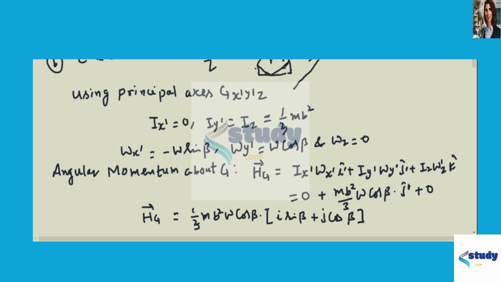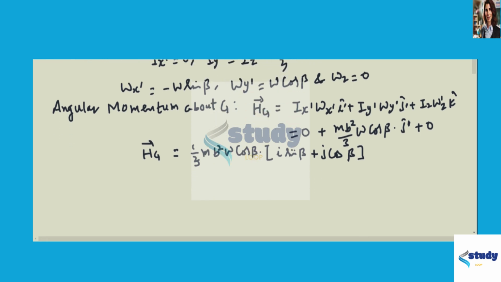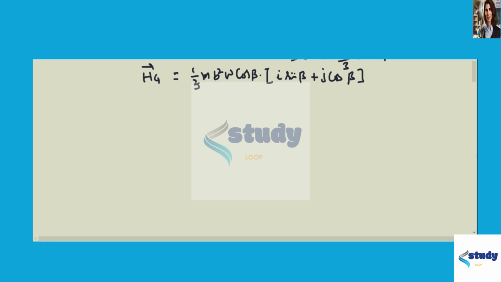Solve it, so you will get angular momentum about G in terms of x-axis, y-axis and z-axis: 1 by 3 mb square omega cos of beta, sin beta i cap plus cos beta j cap. Say this is equation 1.